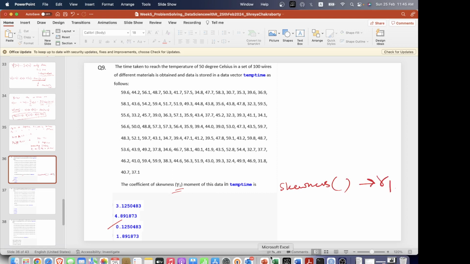But what if we were asked something else, let's say gamma 1s, then you have to get gamma 1 from here and modify accordingly. Do you get my point?